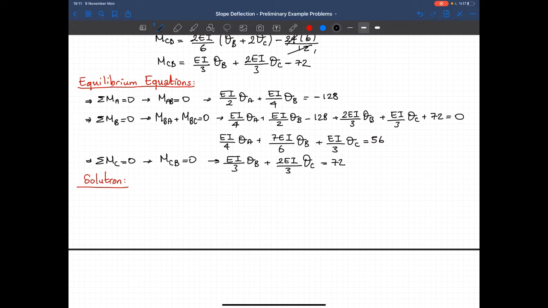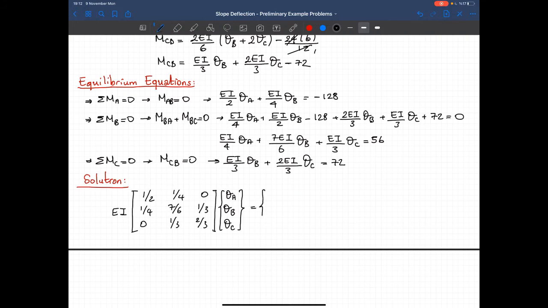I will write these equations in matrix form. So EI times the matrix with rows 1 over 2, 1 over 4, 0; 1 over 4, 7 over 6, 1 over 3; 0, 1 over 3, 2 over 3, times theta A, theta B, and theta C, is equal to minus 128, 56, and 72.